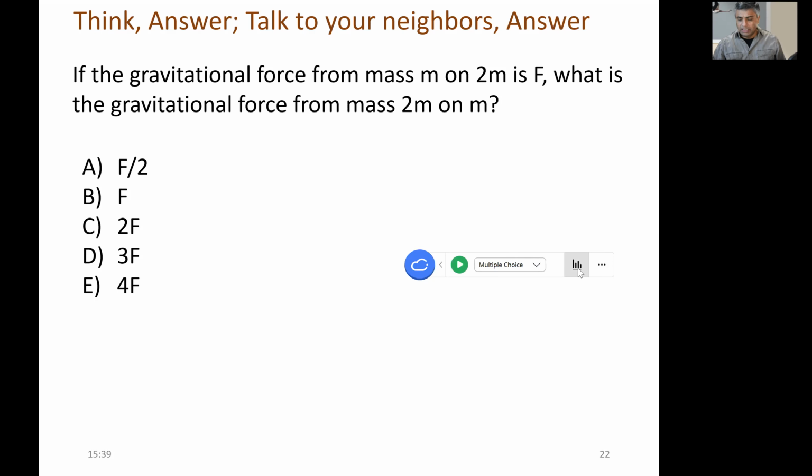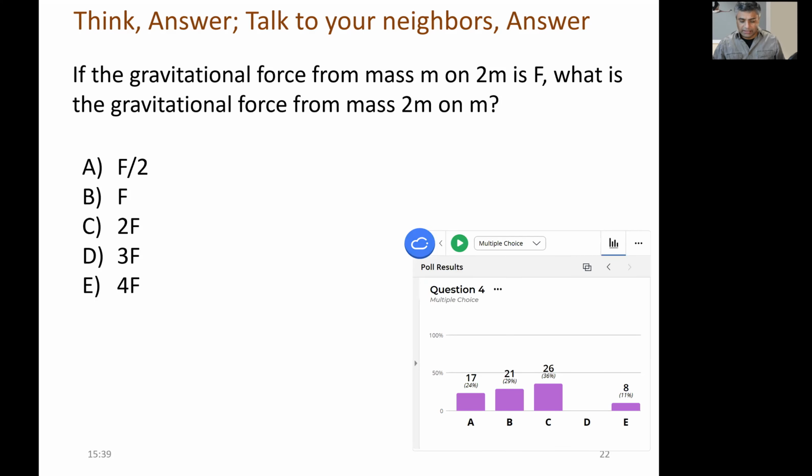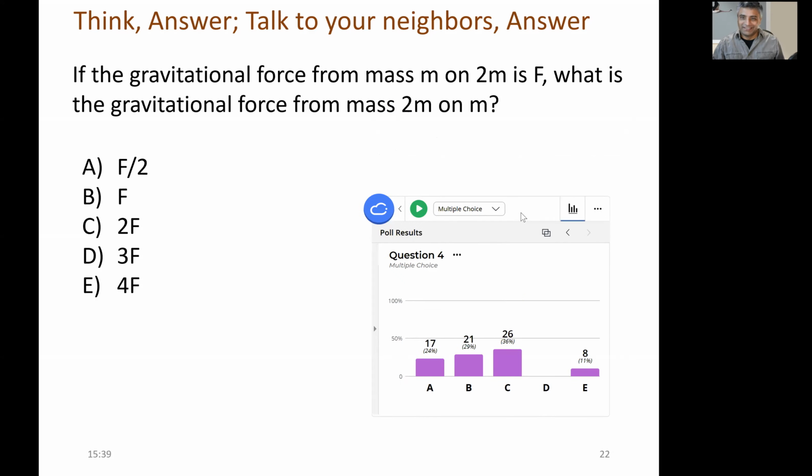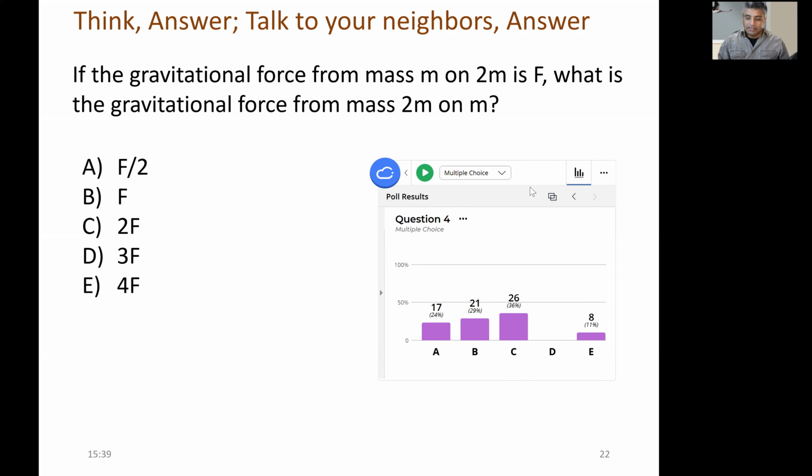Okay. So what did we get? It's a very interesting question. Let's recall the force. Where does the force come from? One mass is m, another mass is 2m, and G and r squared, we are not changing the distance, right?